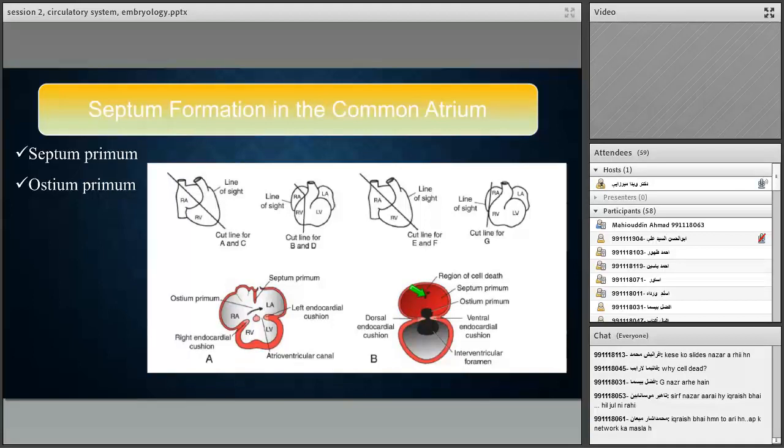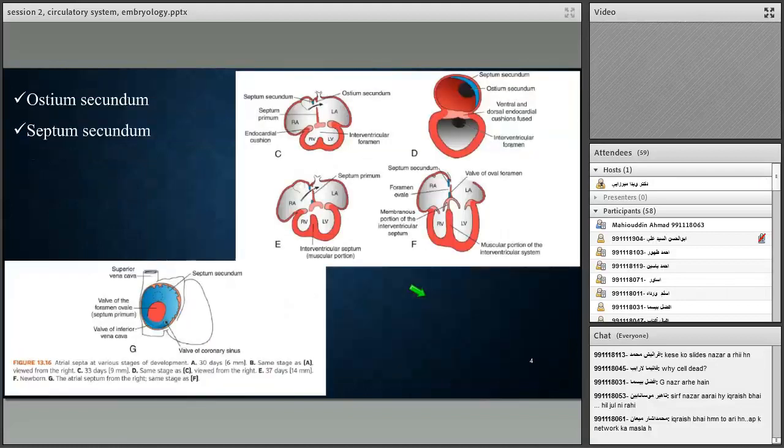These perforations are connecting to each other at this time and forming the ostium secundum. Look at here. The ostium primum is closed because the septum primum is growing downward and also because the endocardial cushions are growing toward each other at this part.